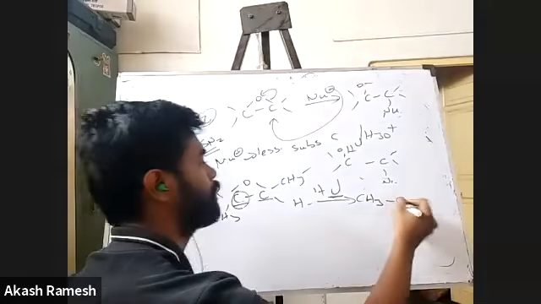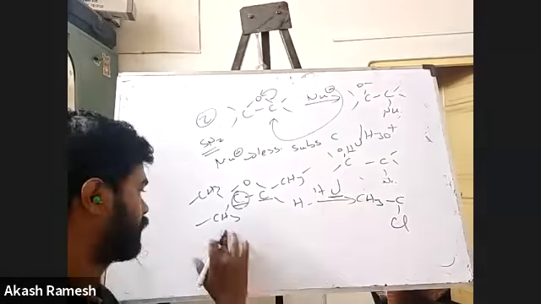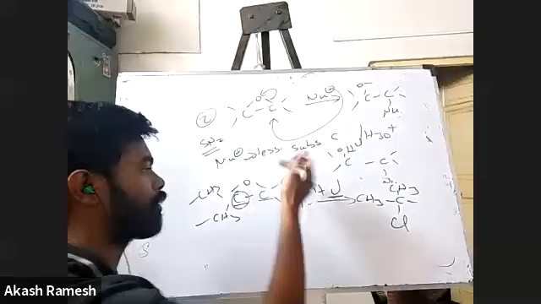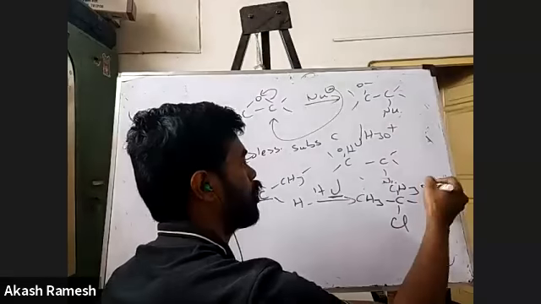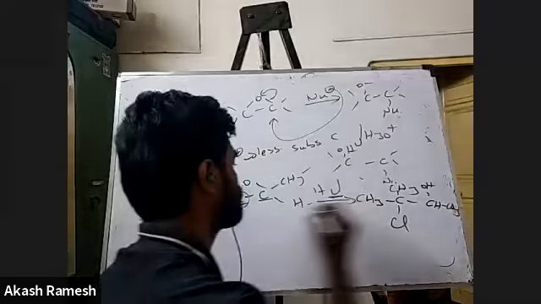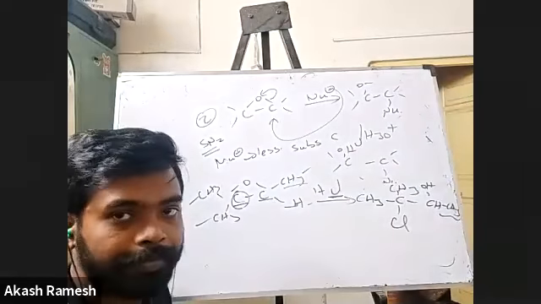This carbon would have gotten the nucleophile, Cl minus, and there is another CH3. This carbon would have got the alcohol, COH, and there is CH, CH3, this H and CH3. This would have been the product.